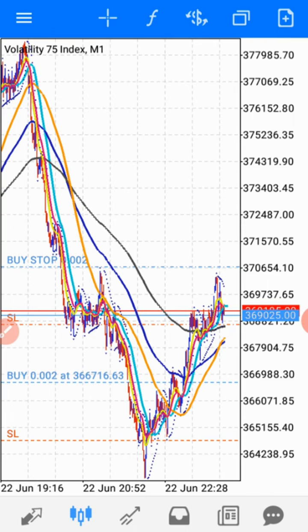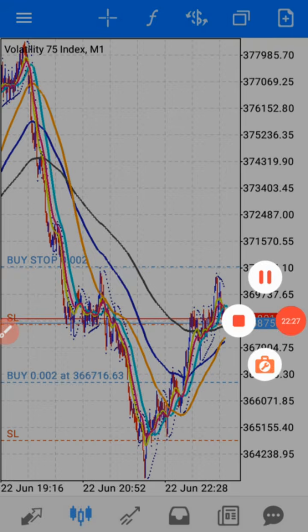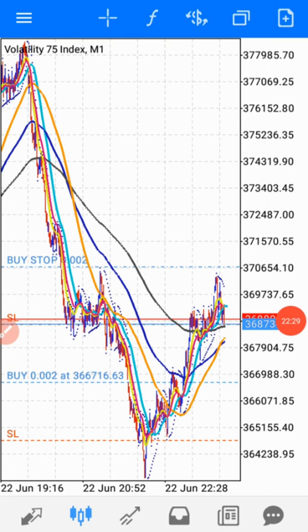Another entry is when this brown crosses the black moving average, like how it is now. When it crosses the black moving average, I'm going to enter my fourth entry.